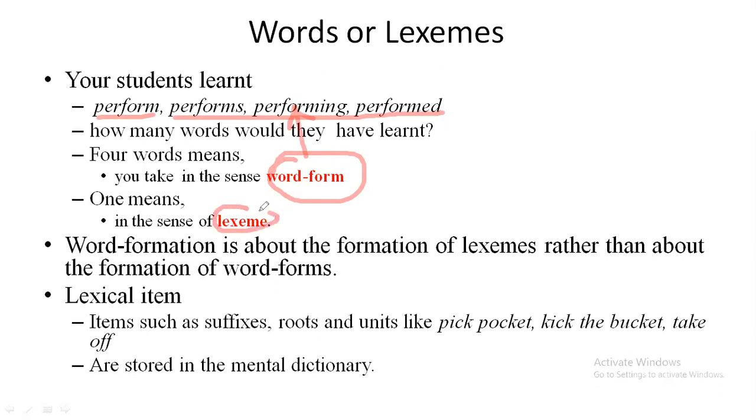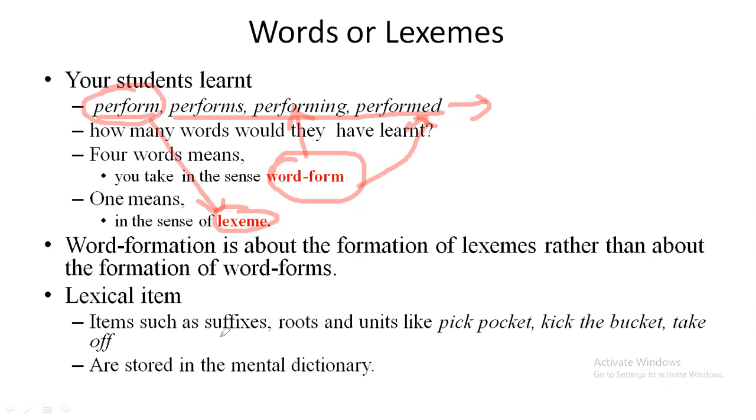Lexeme means the basic form we call lexemes. For example, these all have same meaning, basic meaning. That is called lexeme, but they have grammatical meaning, different grammatical meaning. So if you talk about that sense, the different, right? So simple to know.